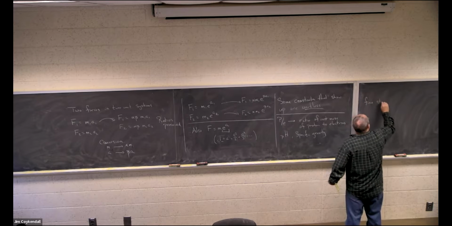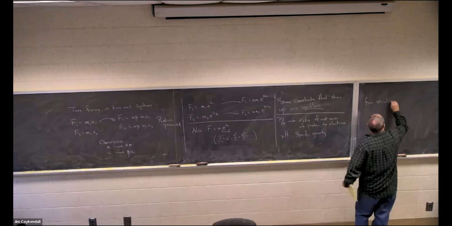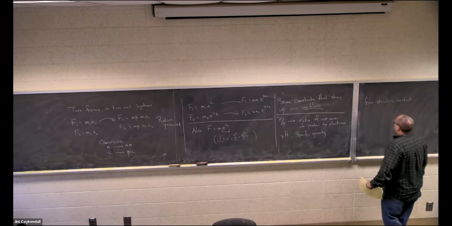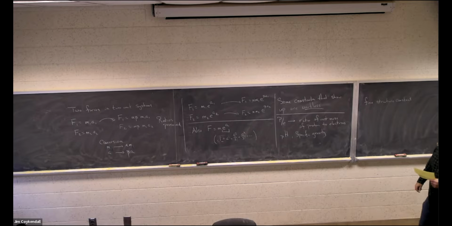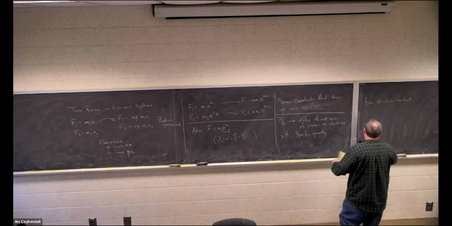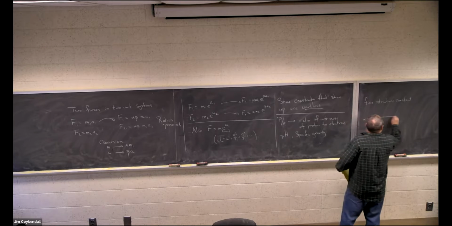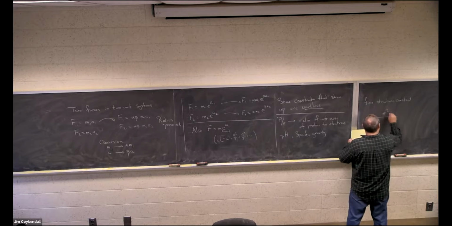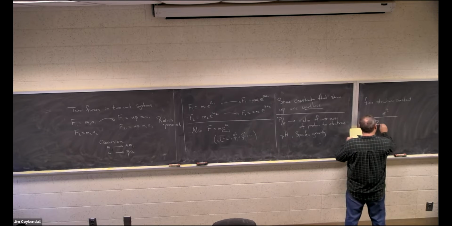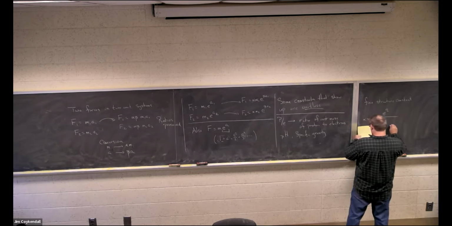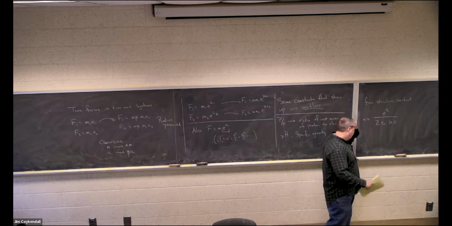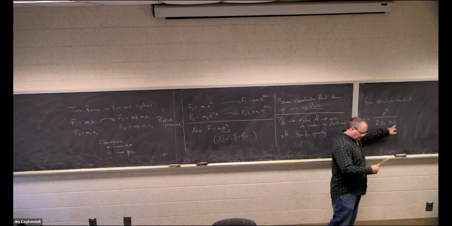Define structure constant. The reason for this actually has something to do with... this apparently puzzles physicists about why it comes out this way. It's e squared over 2 epsilon 0 h c, where h is the Planck constant and c is the speed of light.